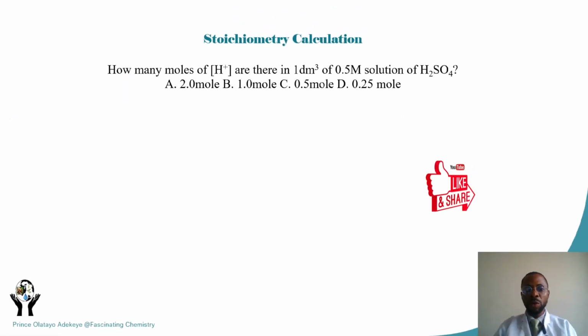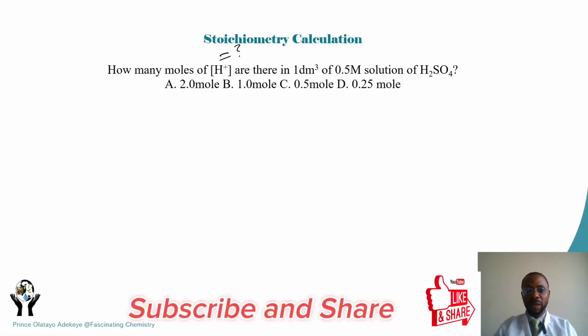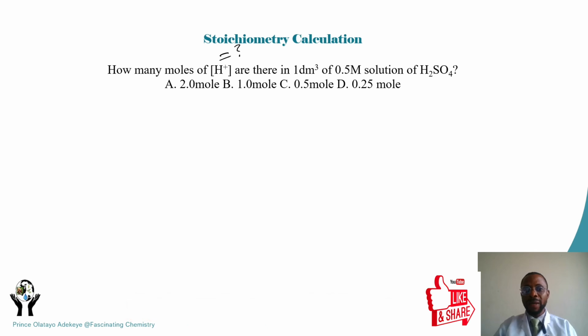How many moles of hydrogen ion, that's what you're looking for, are there in 1 dm cube of 0.5 molar H2SO4? This volume and this concentration given are for H2SO4, from which you want to get the number of moles of hydrogen ion.